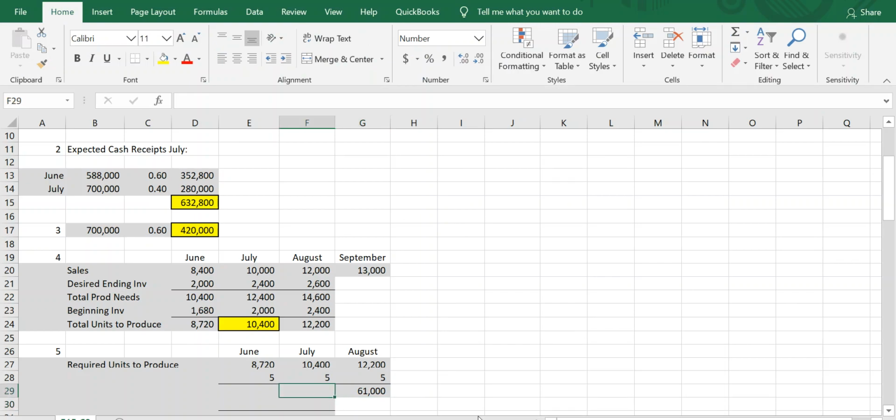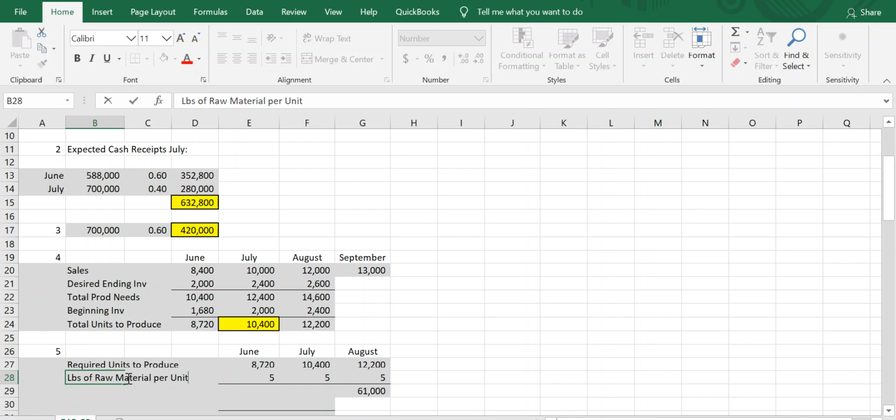So we're going to calculate based on this units of raw material or pounds of raw material per unit. And we're going to calculate then total pounds needed.